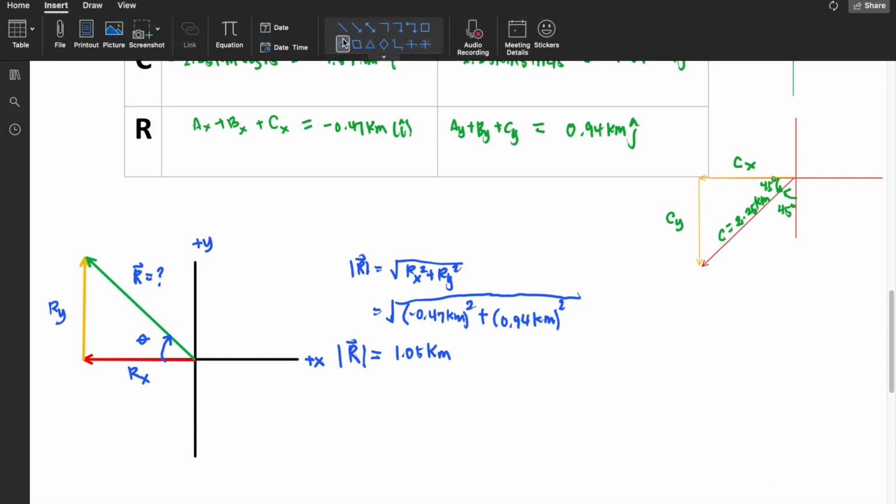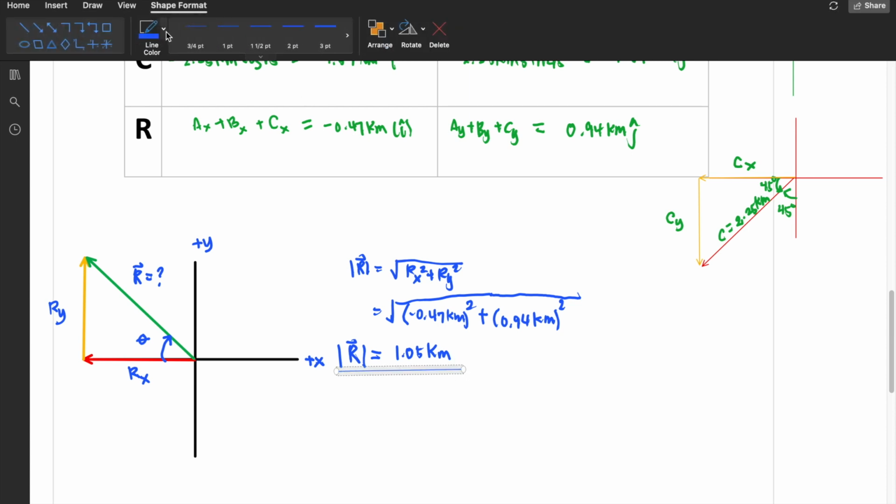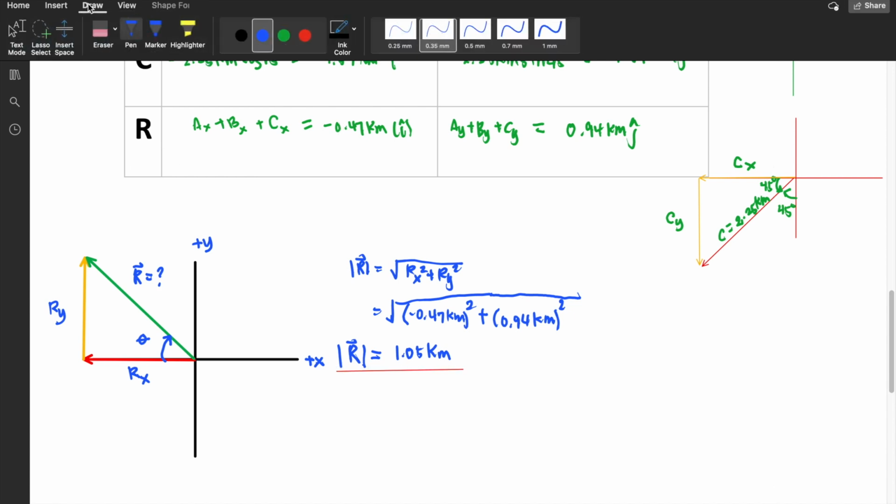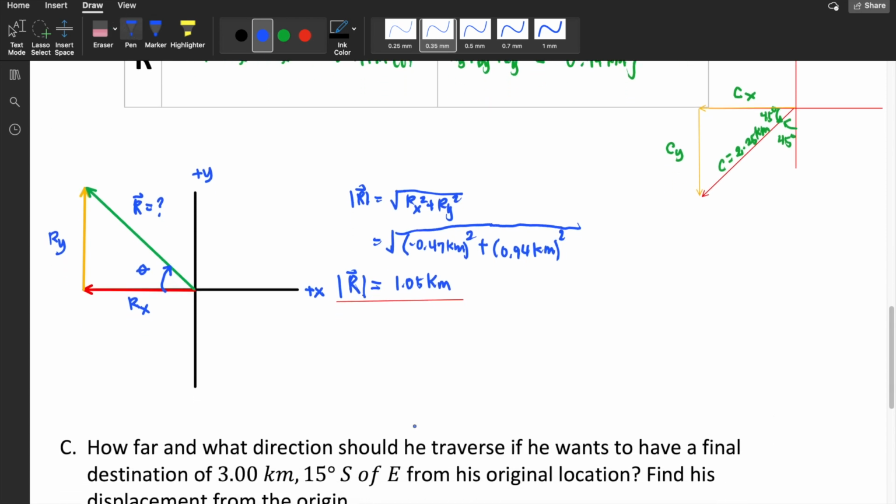We're not yet done. We have to find its direction for that one. So here, you can use the sine function, cosine, or tangent. But for me, I'd choose the tangent function for that case.